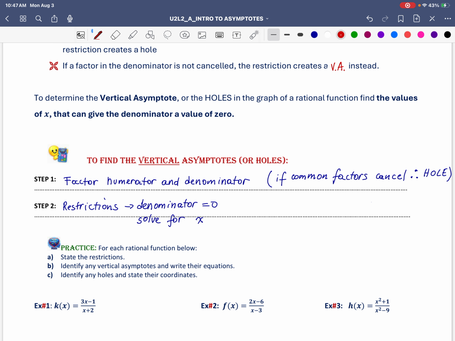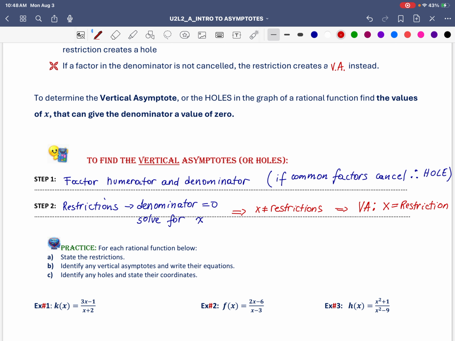Now, x different than whatever the restricted value is will help us determine the vertical asymptote, which we write in the form x equals whatever the restriction value is.